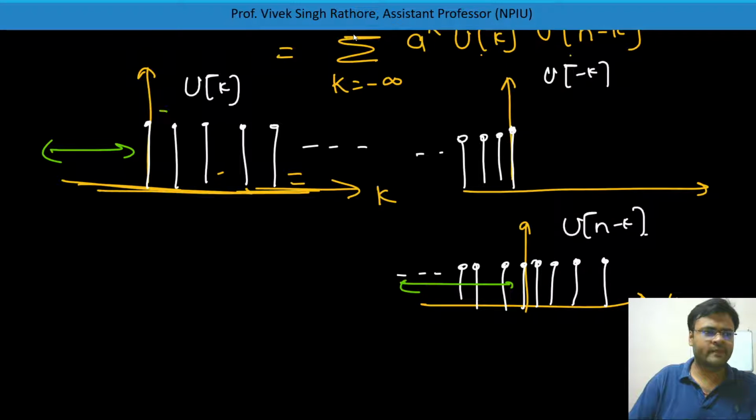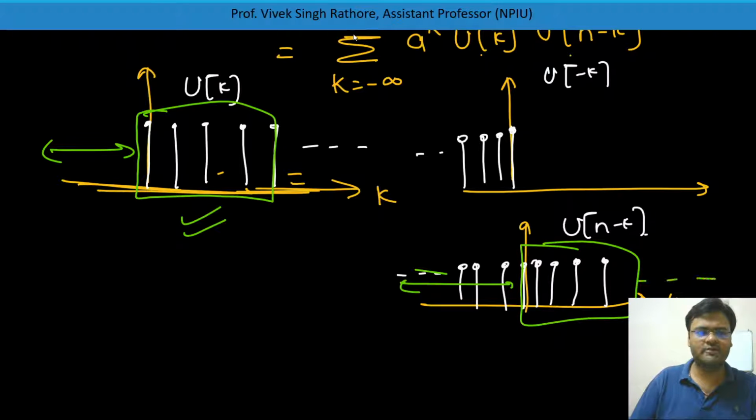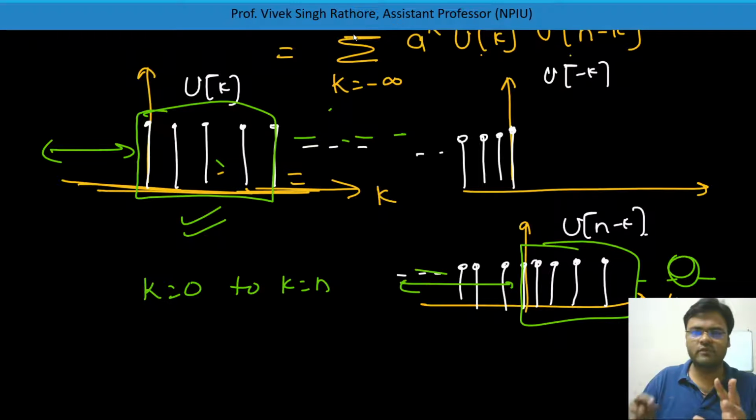So from k is equal to 0 till k is equal to n only, whatever numbers will be there, you can multiply with this value. After this, whatever value will be there, the multiplication will come 0 only, right? So the values are from k is equal to 0 to k is equal to n. These values are only multiplied, or this value only exists.